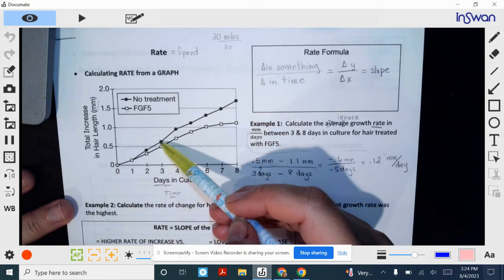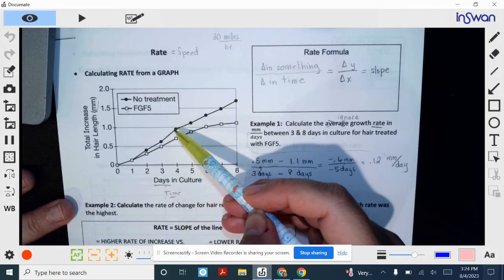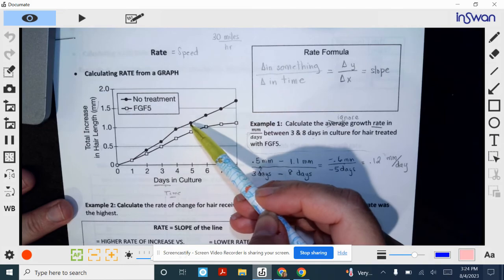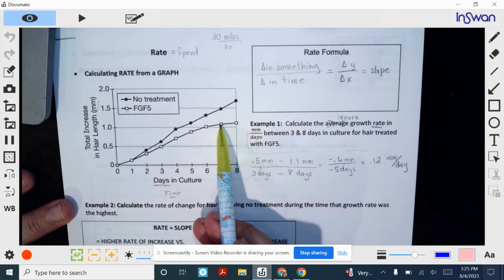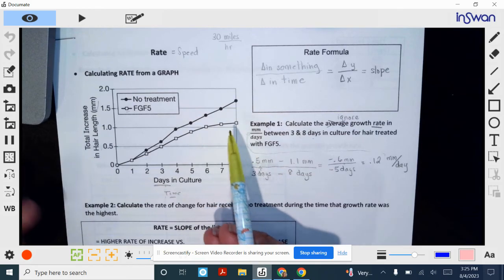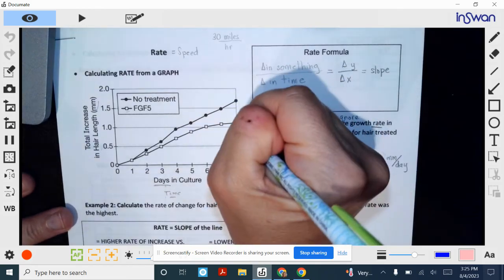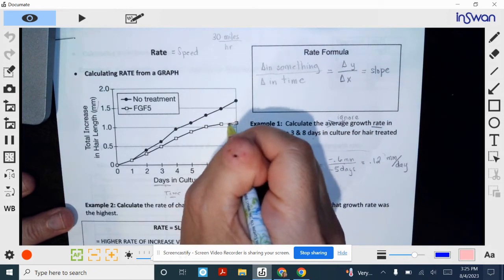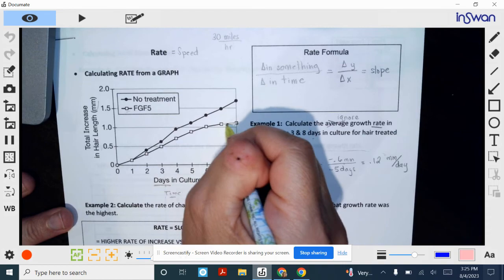So if you have a steep slope, the hair grew really fast during that time. If you have less of a slope, it's growing, but it's not growing as fast. Okay. If you have a flat line, and now just to demonstrate this, I'm actually going to take this box and move it down. And let's pretend that the slope is 0. There is no change here. Okay.